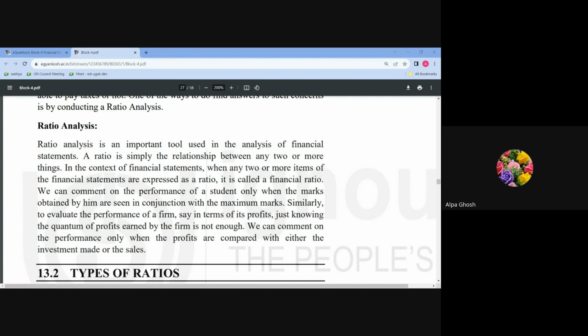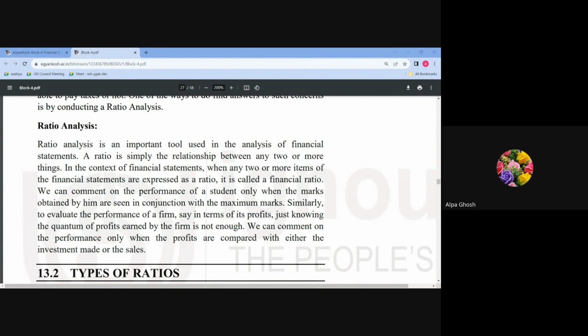So how to get the answer? Previous year's sale revenue is totally different from purchase. So if you want to give the return on the basis of previous year's sale and what is the result for this year's sale, the figures will be different. So we need to come to a common conclusion, and the common conclusion is the percentage. What was the sale percentage compared to your purchase or production or stock?